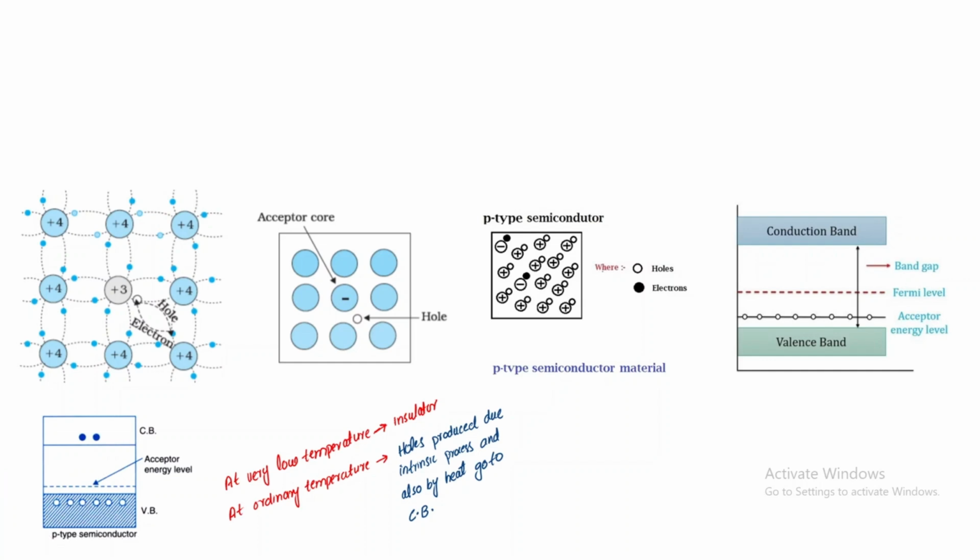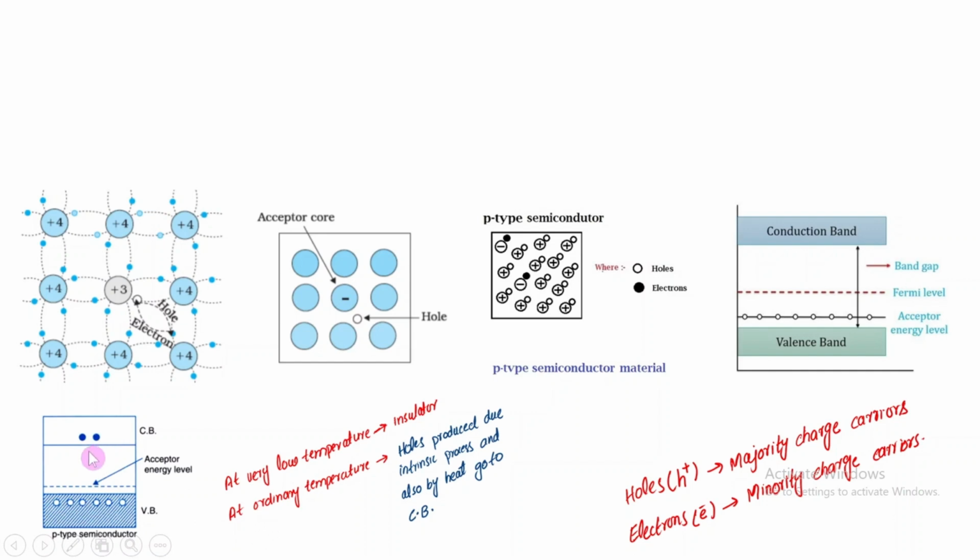As I have discussed, the holes, which have positive charge, present in the valence band are called the majority charge carriers. Most of the conduction in this sort of crystal is contributed by the holes in the valence band. The electrons are called the minority charge carriers, because in the conduction band we have fewer electrons compared to the holes produced in the valence band.